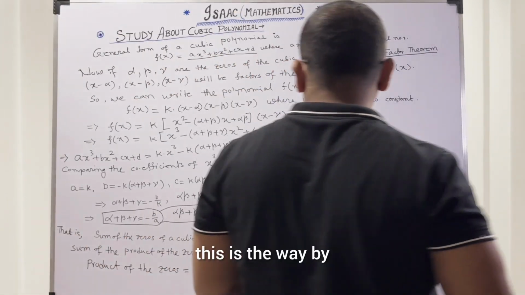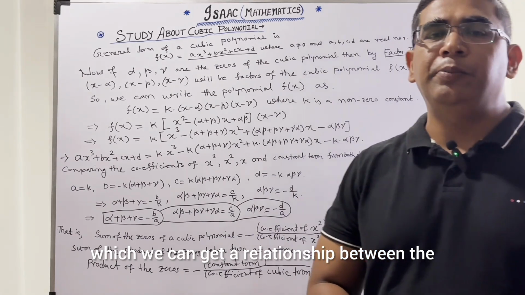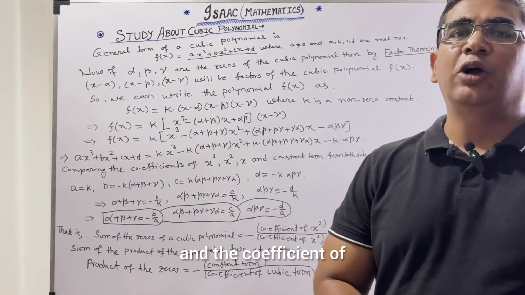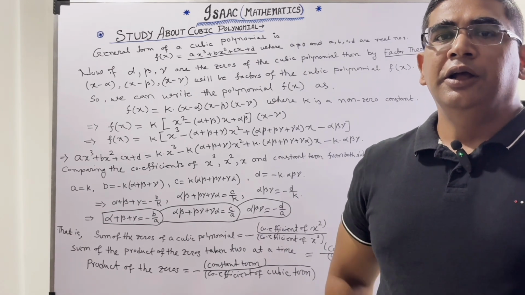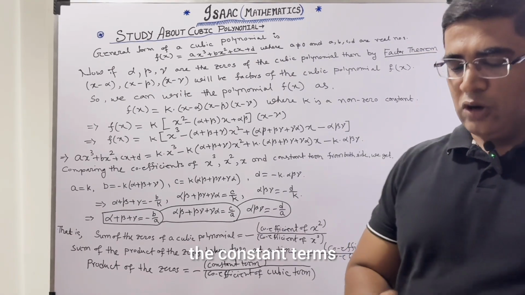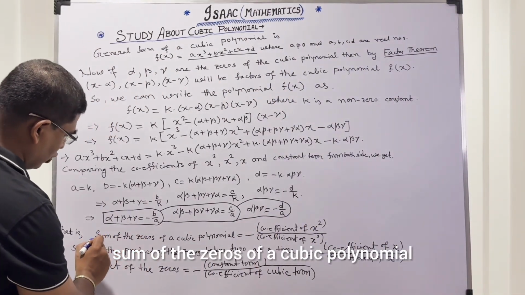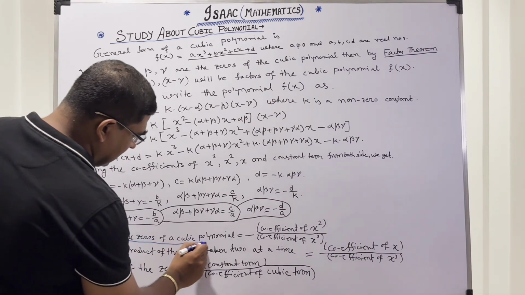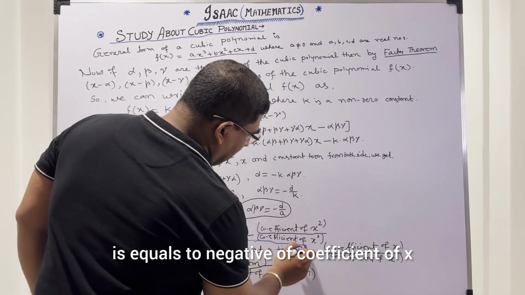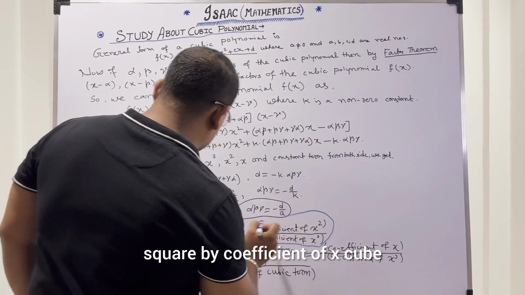So this is the way by which we can get a relationship between the zeros of a cubic polynomial and its coefficients and the constant term. So sum of the zeros of a cubic polynomial is equals to negative of coefficient of x square by coefficient of x cube.